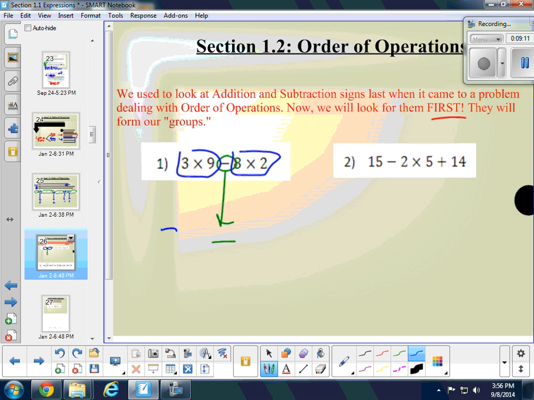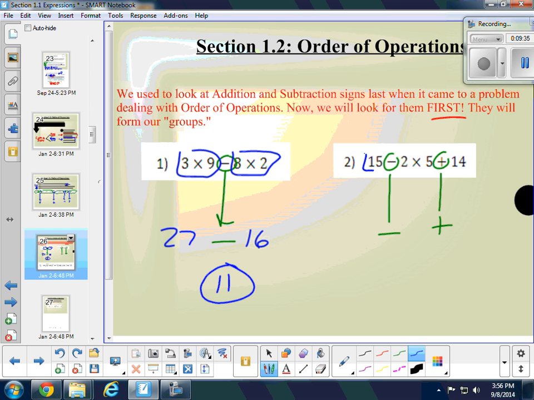Same thing with the next one. I see there's a subtraction sign here and an addition sign here. Just addition and subtraction signs, those are the only ones that I am going to drop down in this type of system. The nice thing is 15 is just 15, so let's bring that down.